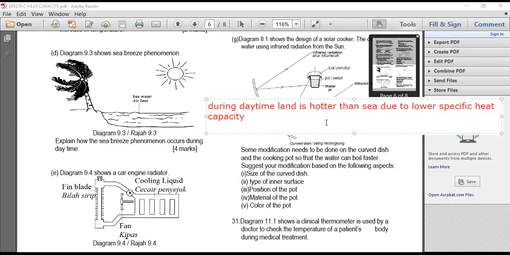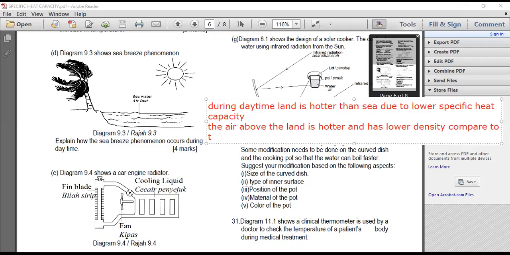Next, the air above the land is hotter and has lower density, compared to the air above the sea.